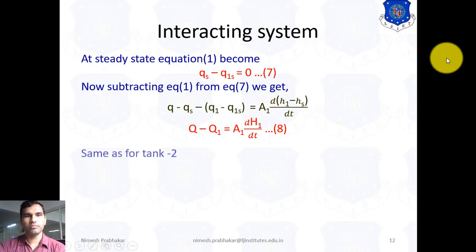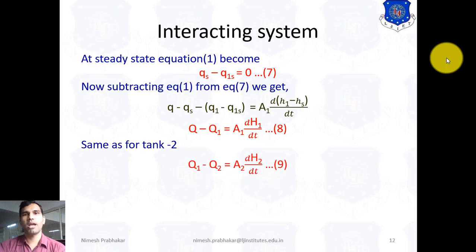Now the same we can write for tank 2: Q1 minus Q2 is equal to A2 dH2 by dt.